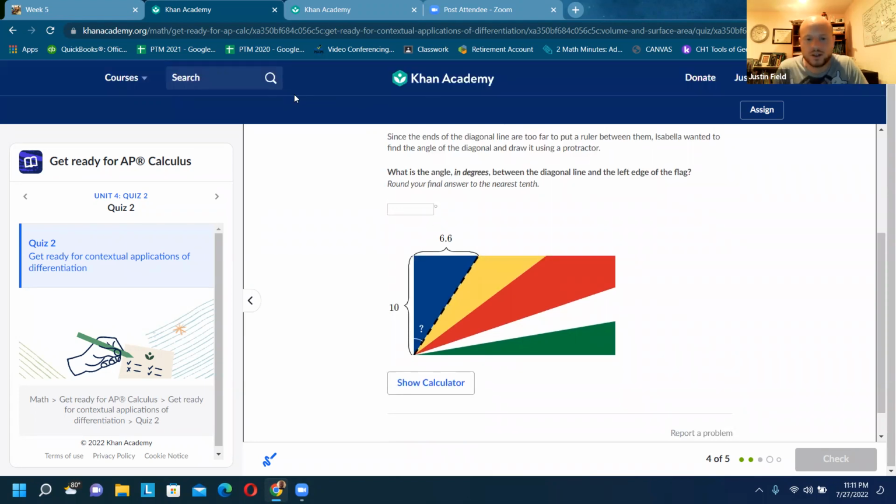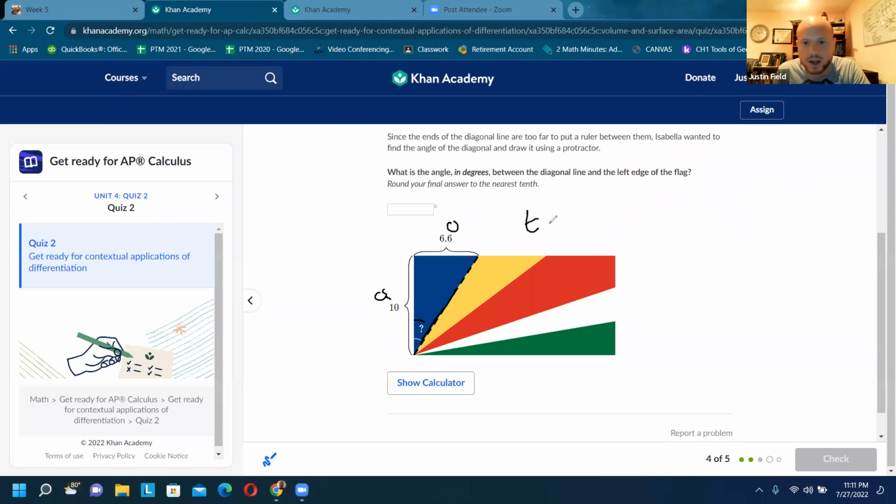So you can do this. We talked about SOHCAHTOA, but what ratio do you think you're going to use here? Well, this is the hypotenuse, opposite, adjacent and opposite. So go ahead and find that tangent. We better do this one because we got to do the tan inverse, don't we?